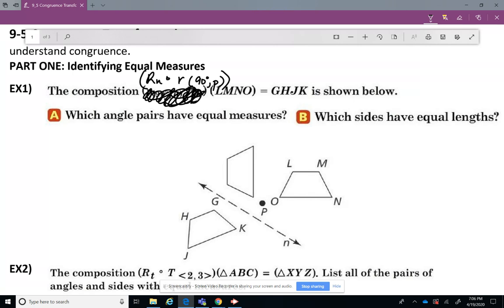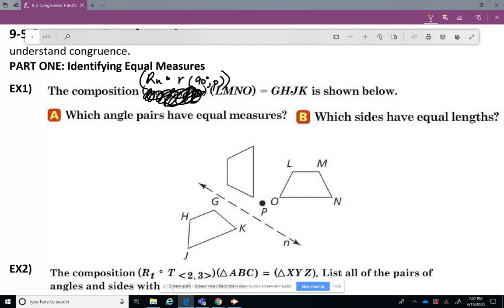The composition of rotating 90 degrees about point P and then reflecting across line N, we're going to do it to LMNO, which is a quadrilateral, looks like a trapezoid, and we're going to end up with GHJK. So it says, which angle pairs have equal measures?